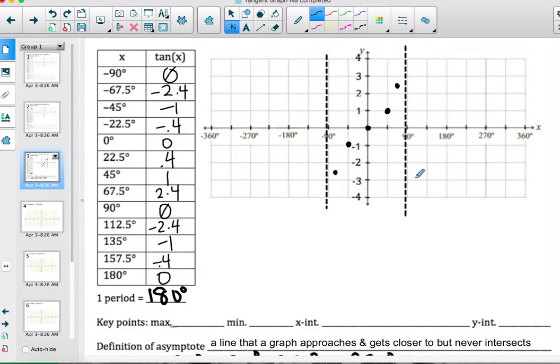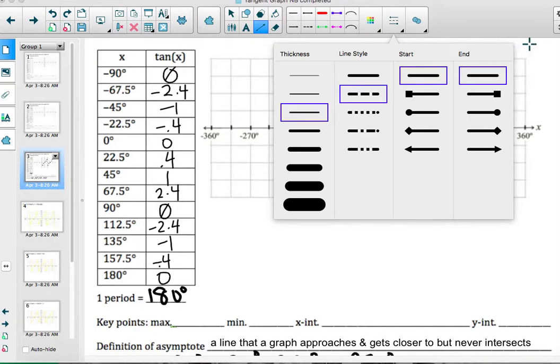So we're back down here at negative 2.4, negative 1, 180, 1, and then up here at this 2.4. The 2.4s, the negative 2.4s, those really do kind of help you see the curve that I'm going to draw in here again. And if we would have kept going past 180 degrees, if you took the tangent of 270 degrees, you would see that we have another asymptote occurring over here.